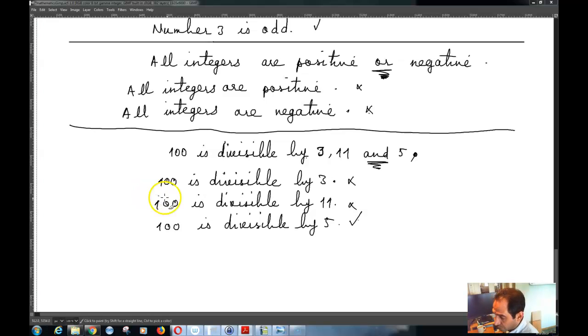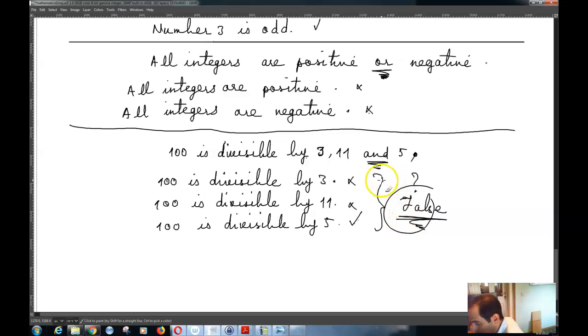I know that basically individually, 100 is divisible by 3 is a false statement. 100 is divisible by 11 is a false statement. This is a true statement. Now, how the whole thing becomes false, if that is at all the case, we will see in the next video.